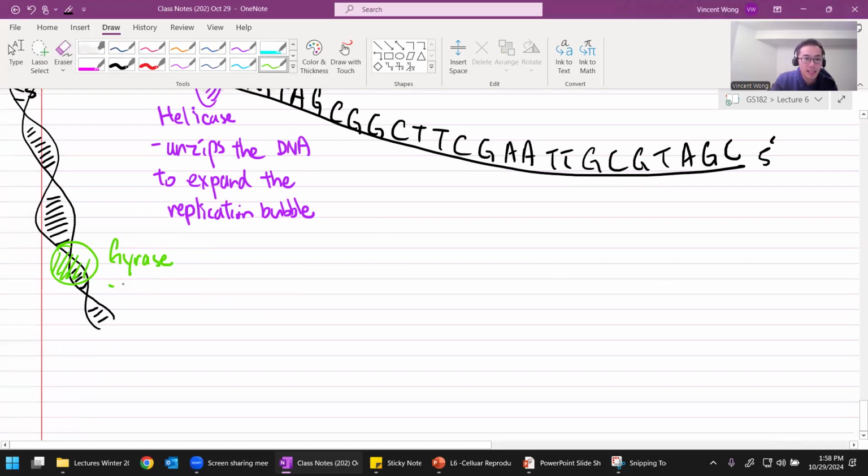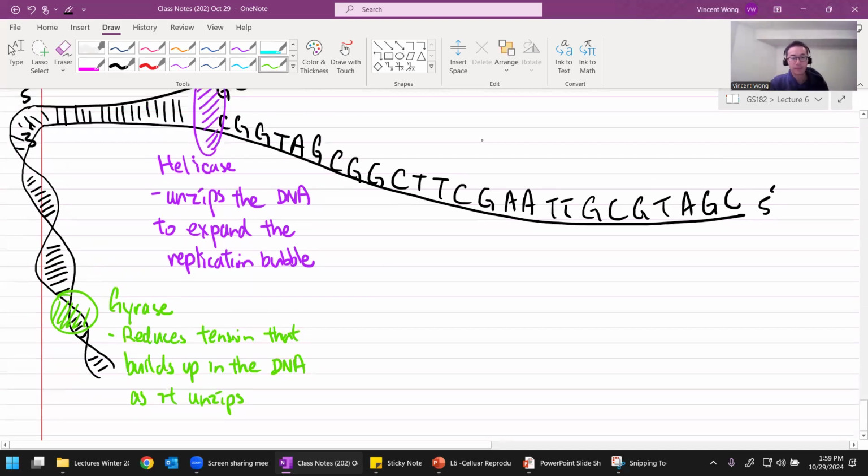So gyrase reduces tension that builds up in the DNA as it unzips. Okay?